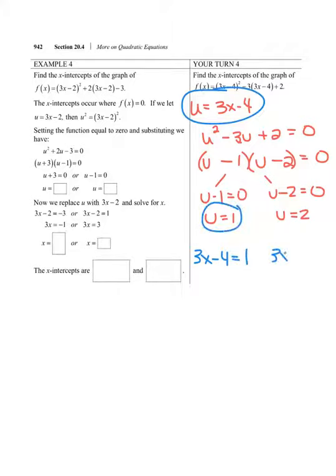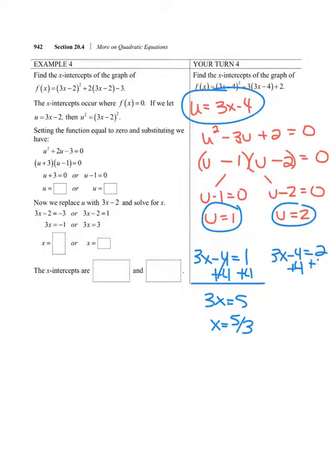And then 3x minus 4 equals 2. So solving for x, x equals 5/3. And x equals 2.